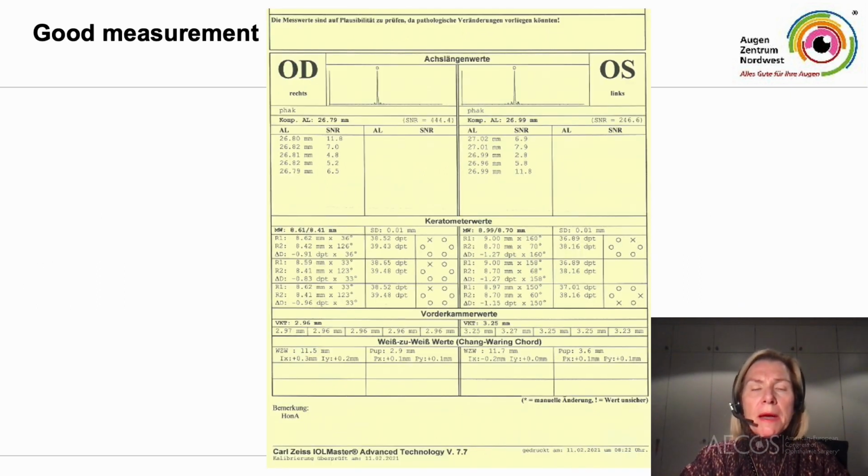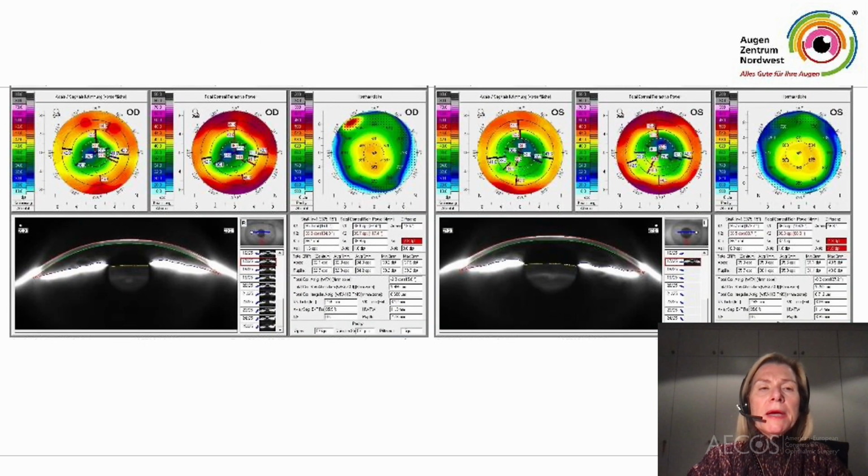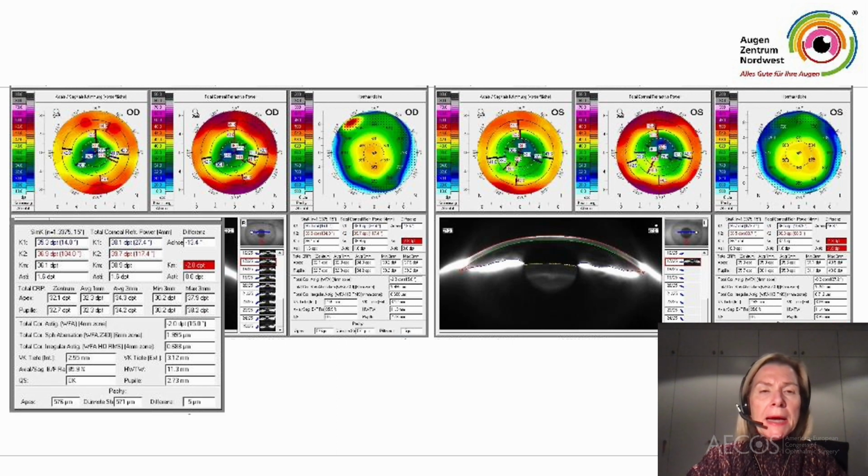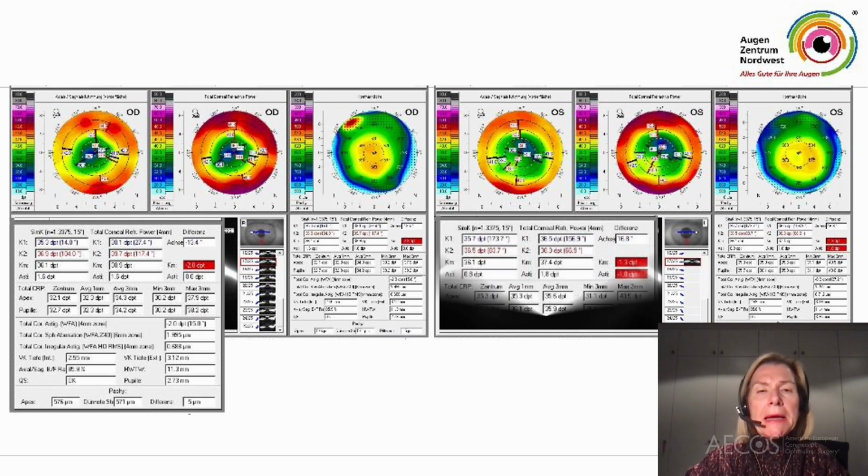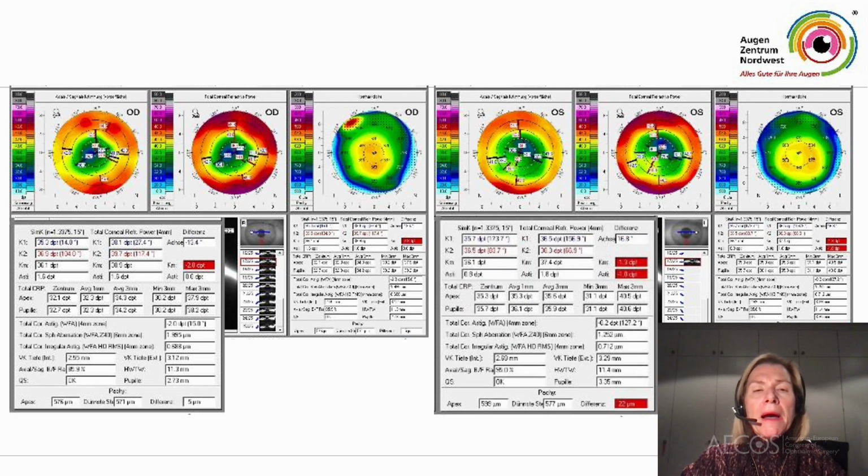This is the IOLMaster. You see it was a good measurement, and here you see the Pentacam, and you can see in the right eye and as well in the left eye the very high order aberrations, more than 1.0 micrometers.